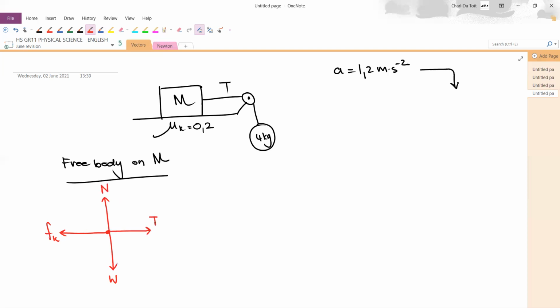Very good. Right. Now I'm going to do something difficult. I want to know what is the tension in the rope. Take 4 minutes, try and figure out what you're going to do. The method is very important.